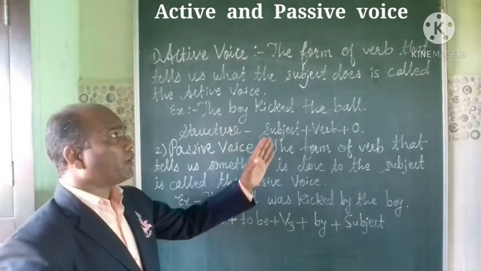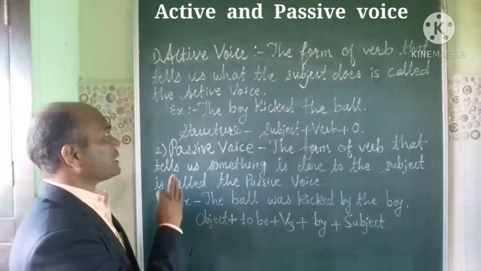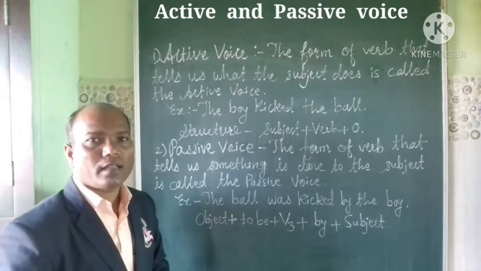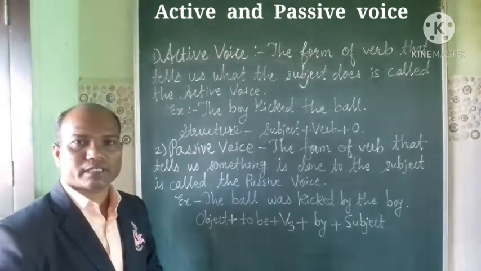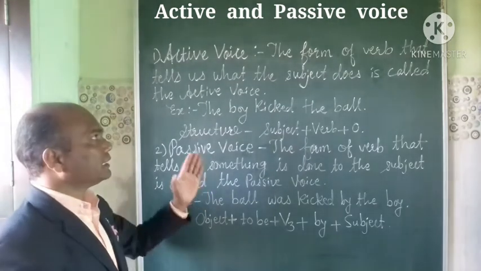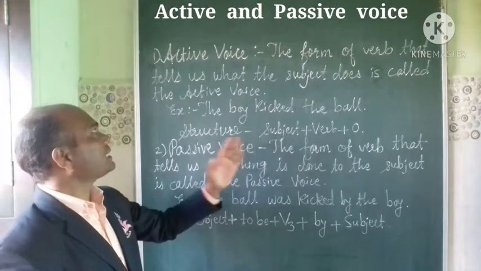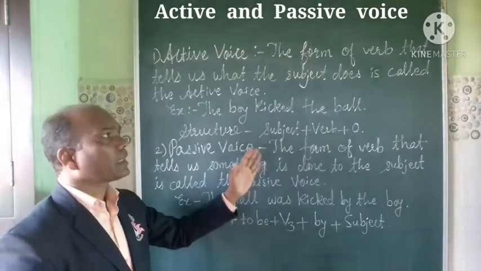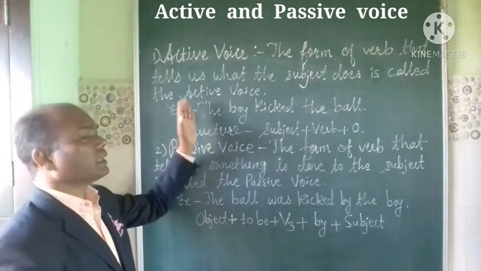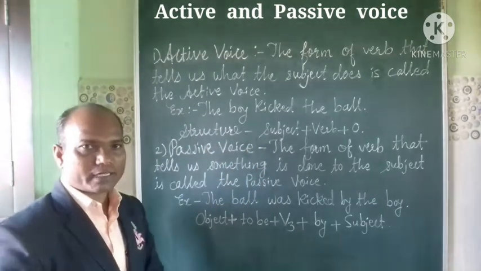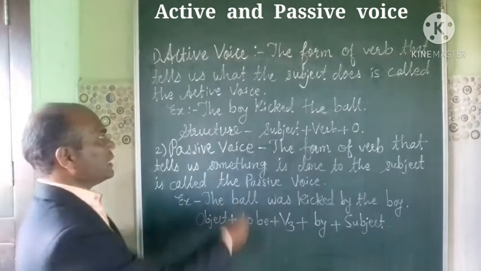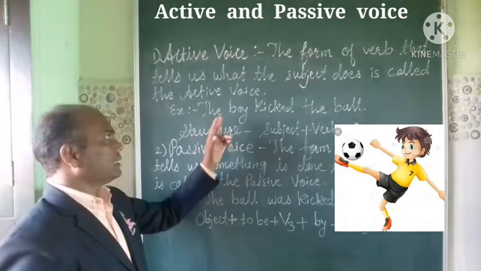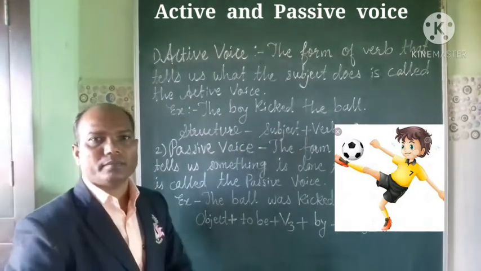The form of verb that tells us what the subject does is called active voice. For example, the boy kicked the ball.